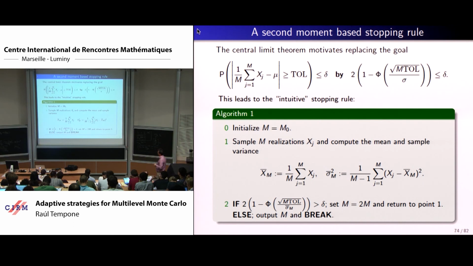Again, as we described with the central limit theorem before, if you believe that your sample variance is accurate enough, you put a rule of the central limit type, substituting sigma, which is the true standard deviation, by its approximation. And if this is accepted, then you stop and you give your approximation.